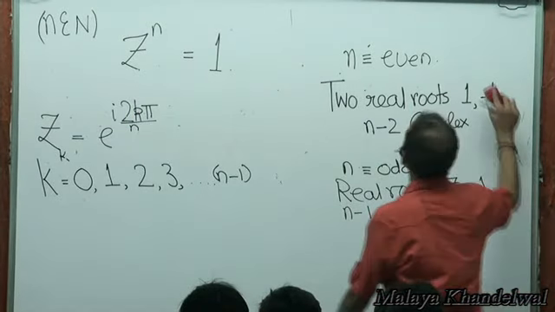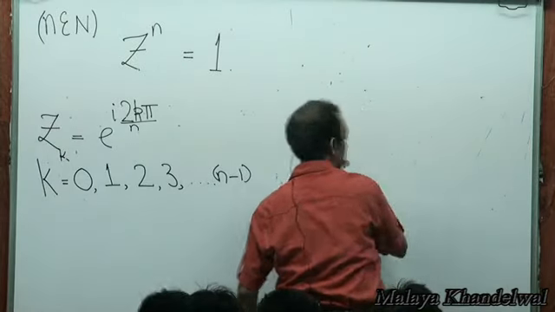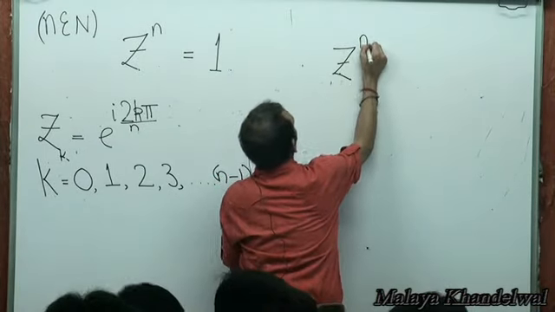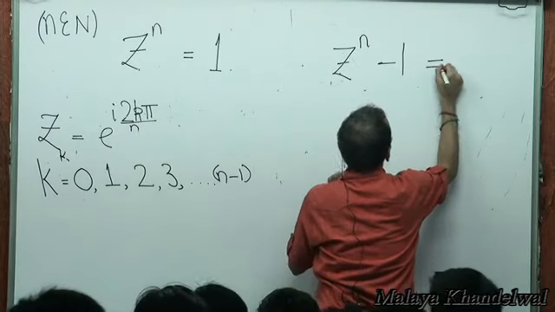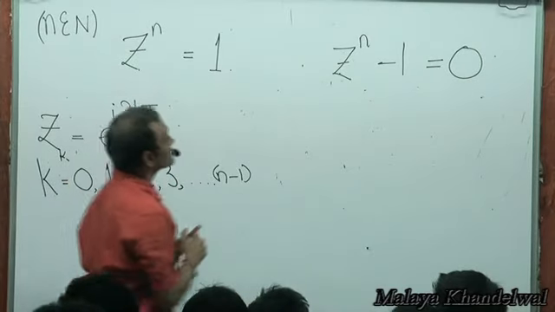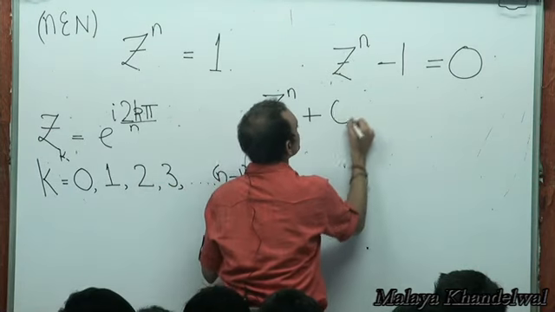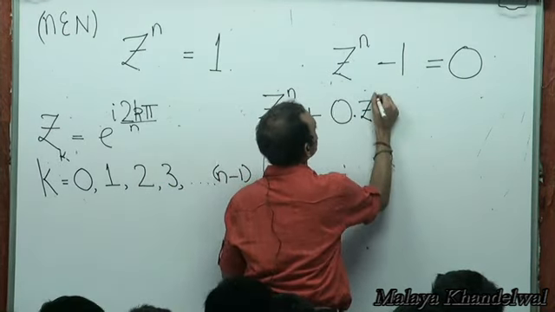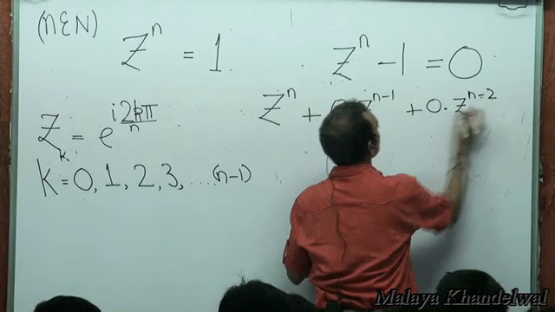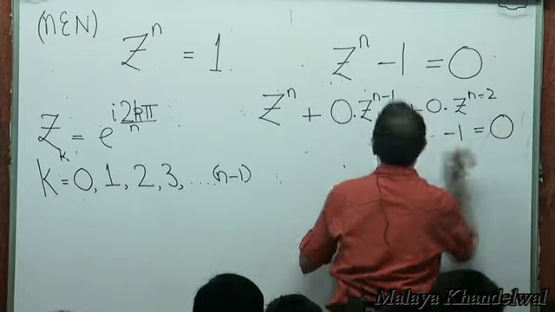Now, also notice that no matter what, this polynomial equation z power n minus 1 equal to 0 could be written as z power n plus 0 into z power n minus 1 plus 0 into z power n minus 2, going this way, minus 1 equal to 0.